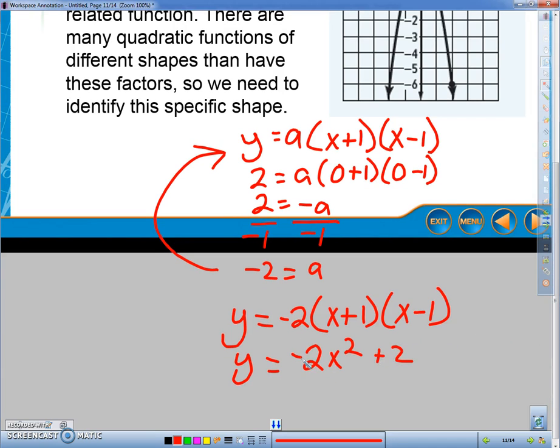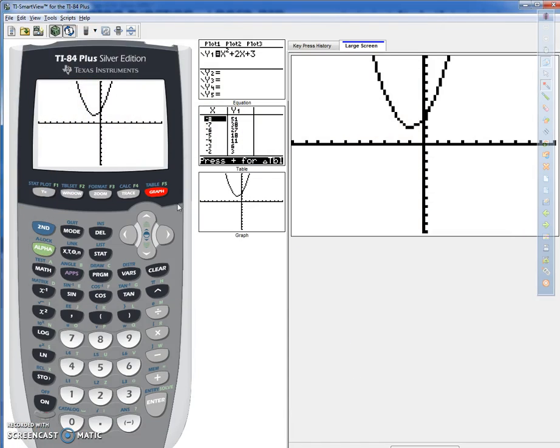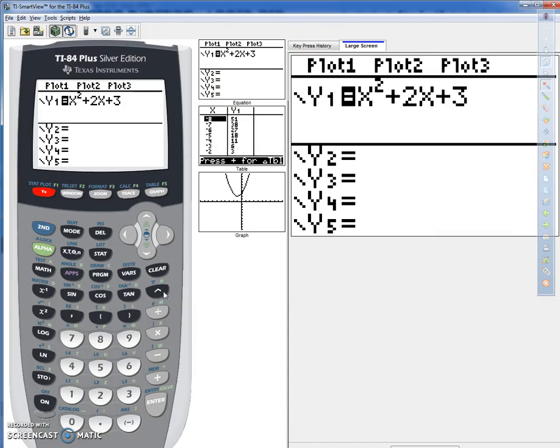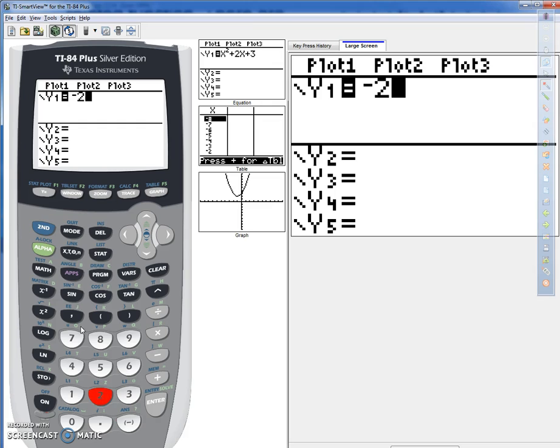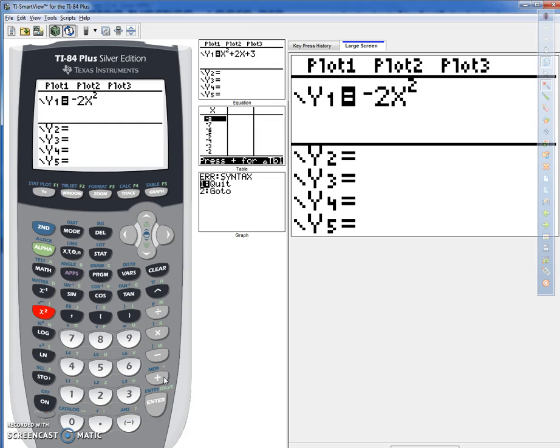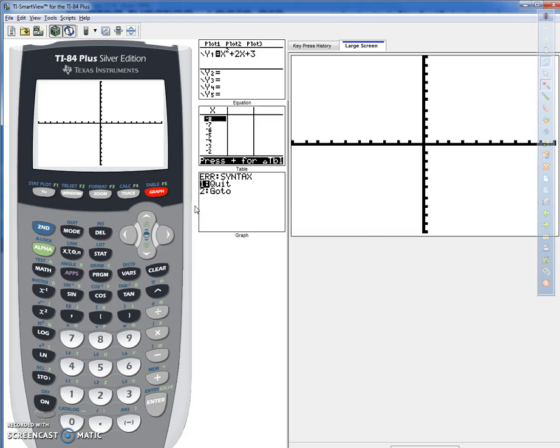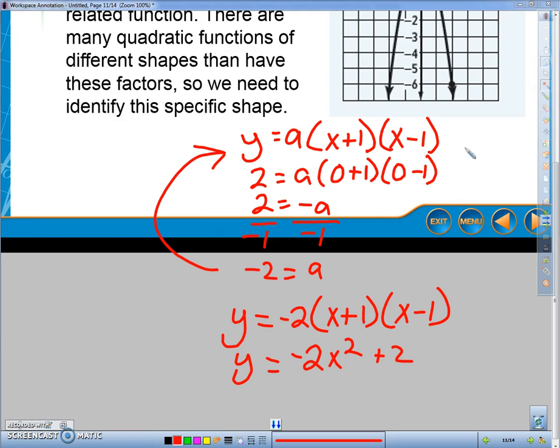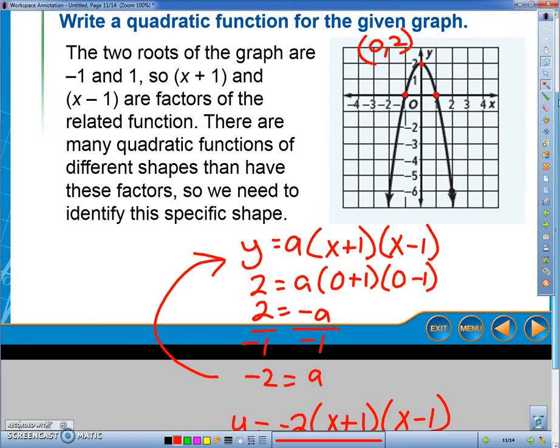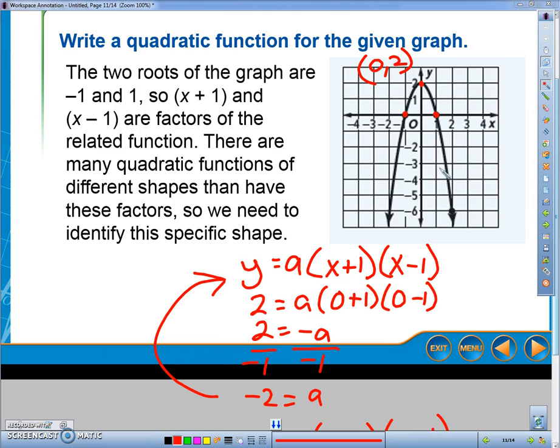Sorry. -2x squared plus 2. I want to put this into my calculator and see if it works. Clear, -2x squared plus 2, graph it. I want my graph that I just came up with to be the same as the graph it gave me. And it is.